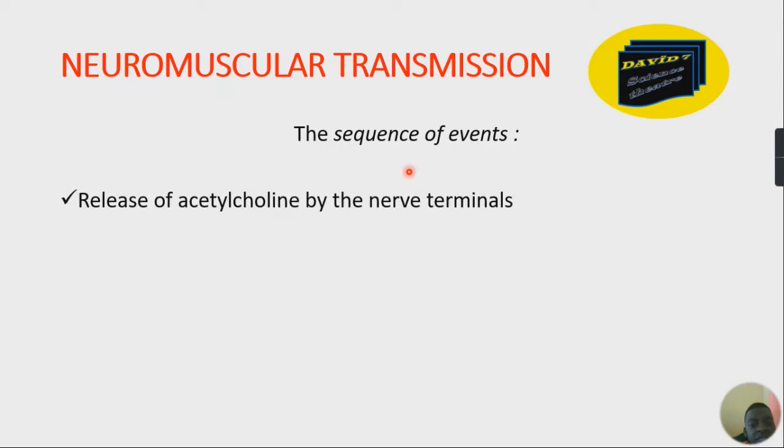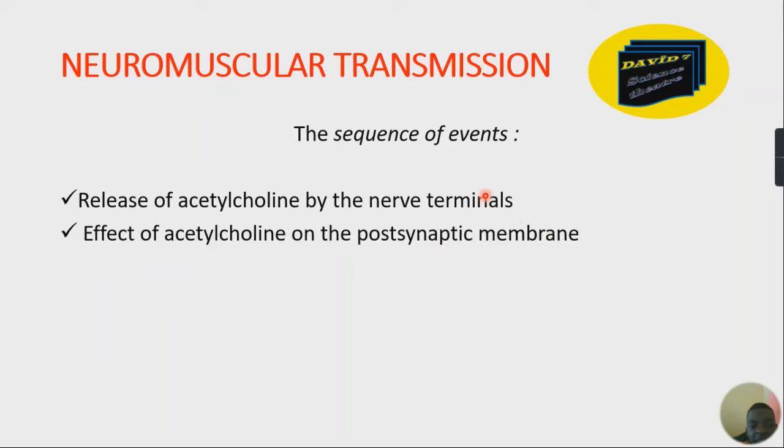Okay, so the neuromuscular transmission is the next thing we are talking about. How is the impulse transmitted from the nerve to cause contraction within the muscle? There is a sequence of events. One, acetylcholine must be released from the nerve terminals.